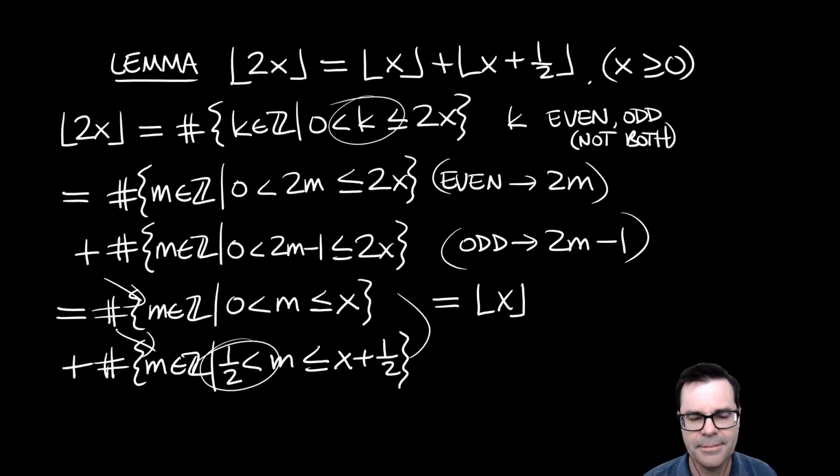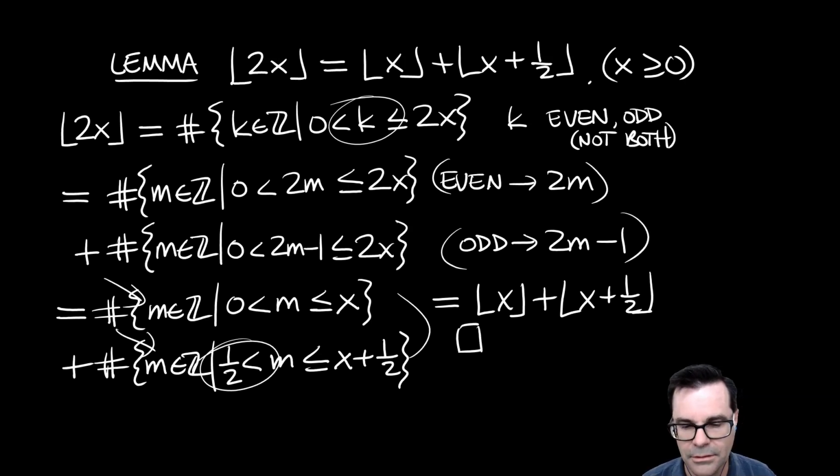But that's really the same condition as saying m bigger than 0 because there are no positive integers between 0 and 1. So this is still counting all the positive integers up to and possibly including x plus 1/2. So that's the floor of x plus 1/2. And that proves our little lemma here. That the floor of 2x is equal to the floor of x plus the floor of x plus 1/2.